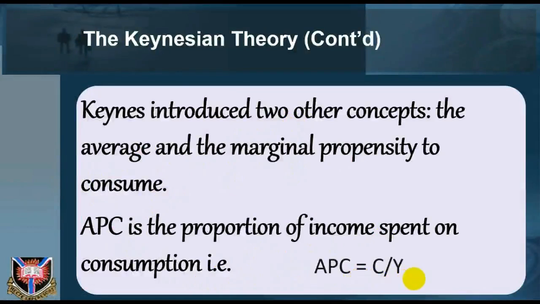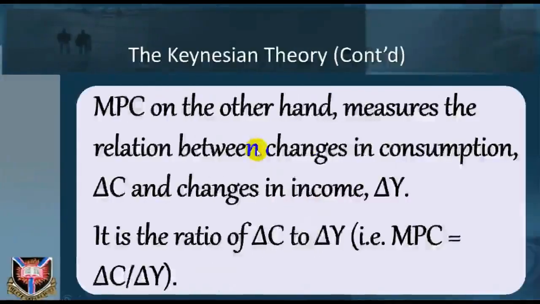That is, APC equals C over Y. The marginal propensity to consume, on the other hand, measures the relation between changes in consumption and changes in income. It is the ratio of change in C, that is change in consumption, to change in Y, change in income. That is, MPC equals change in C over change in Y.